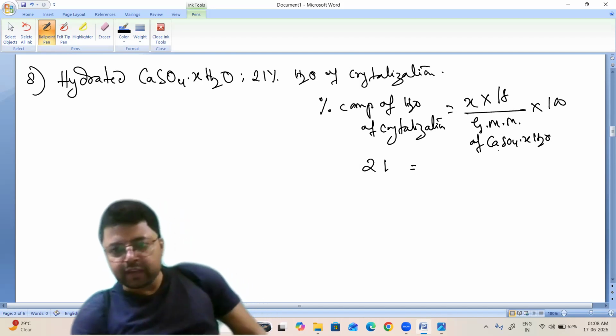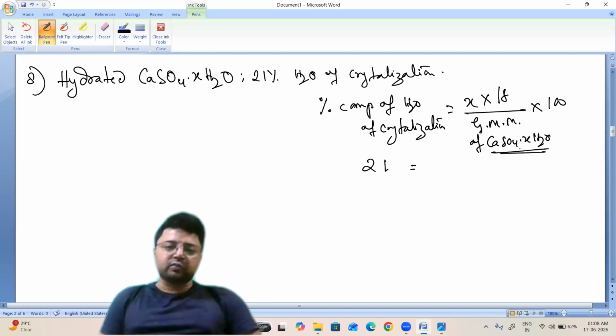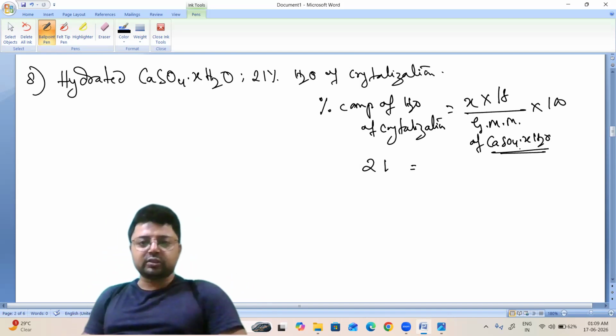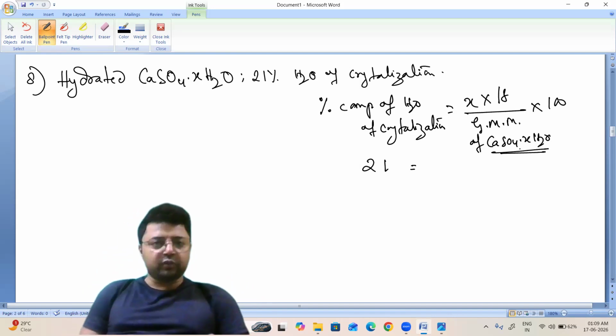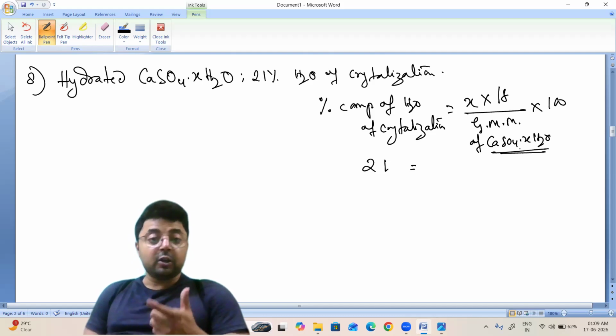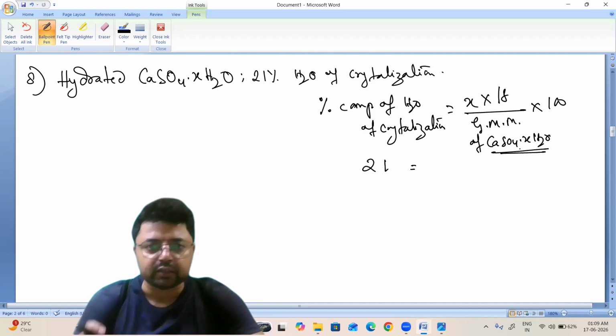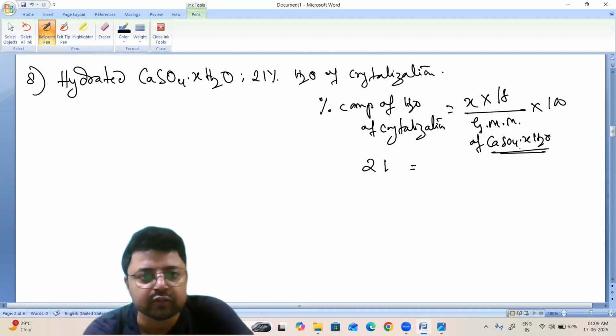Okay, so you have to find the gram molecular weight of CaSO4 dot XH2O. How will you find it? The main challenge for you is to find out the gram molecular mass of calcium sulfate dot XH2O. To understand the value, you are having this data with you, 21% of water of crystallization.